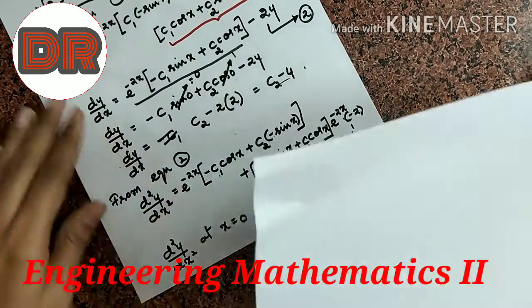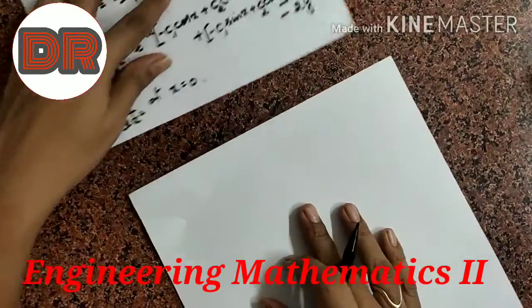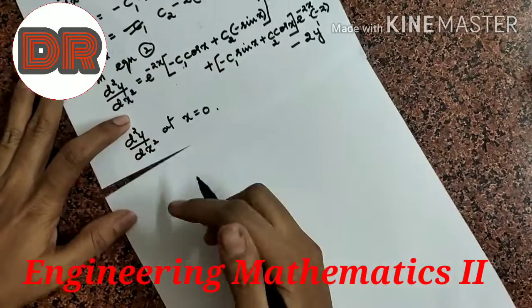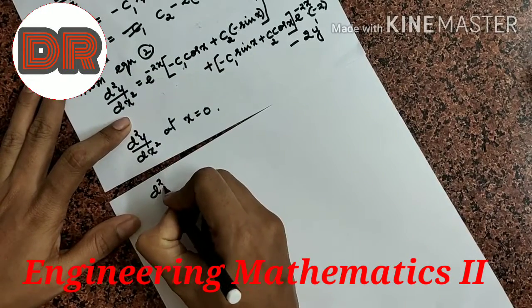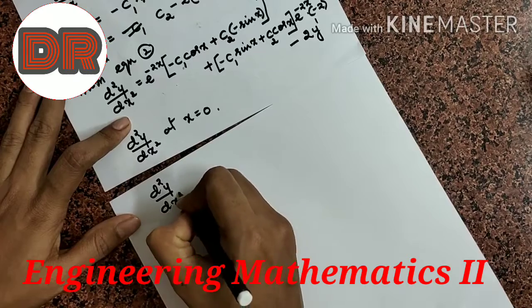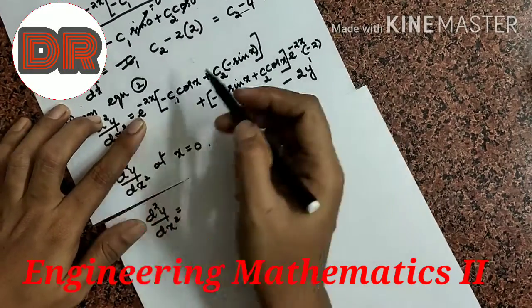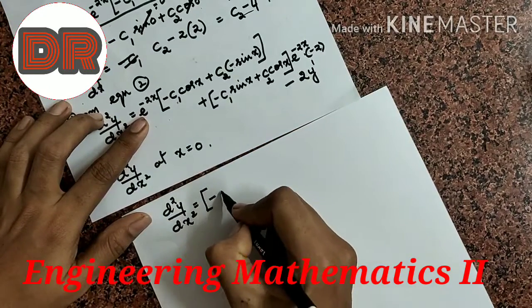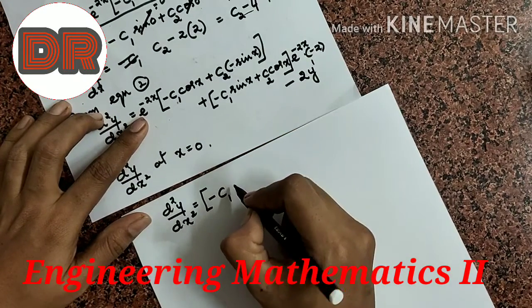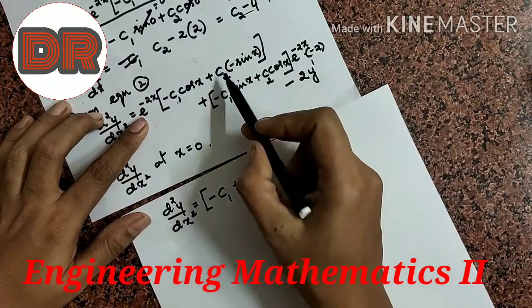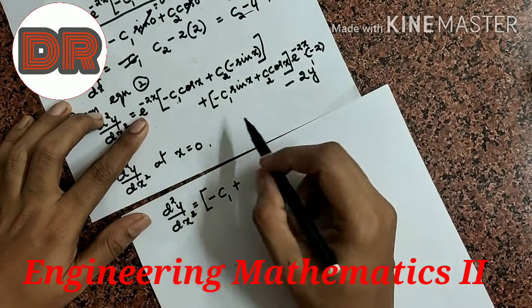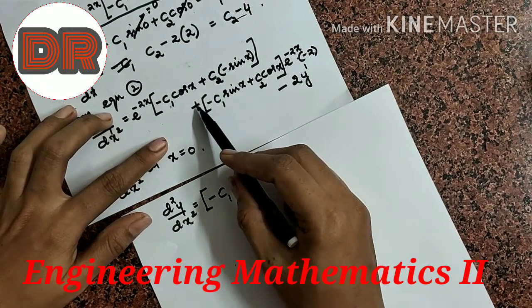So, let me write the equation at x equal to 0. This equation becomes d square y by dx square is equal to, at x equal to 0, this is 1. So, it is minus c1, cos 0 is 1, plus c2 sin 0 is 0, so I will not write that term.